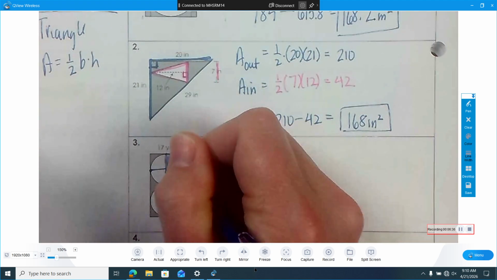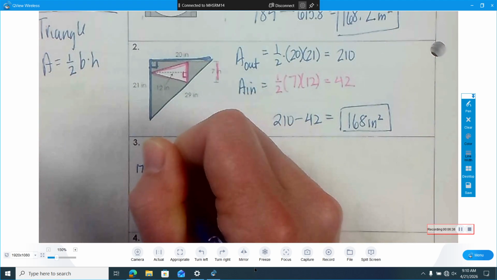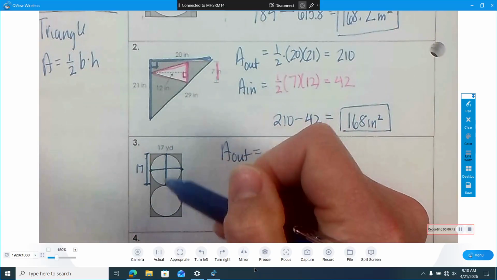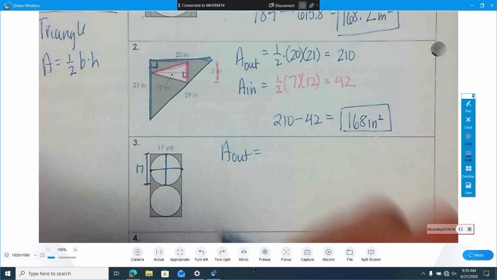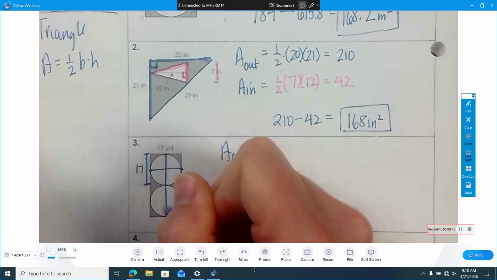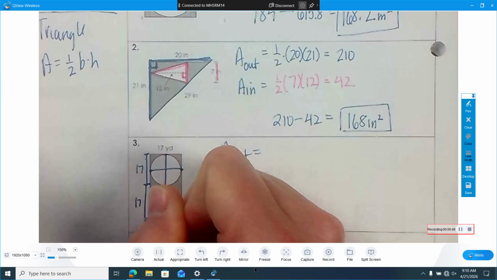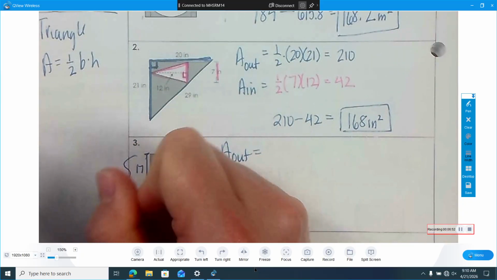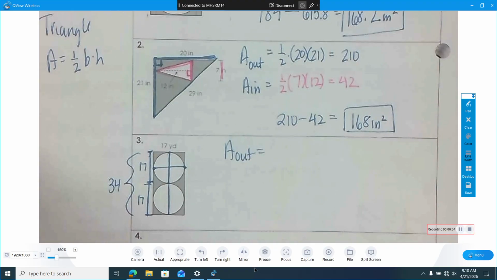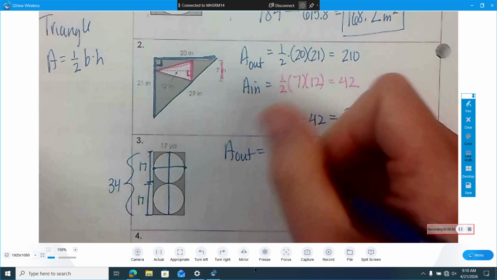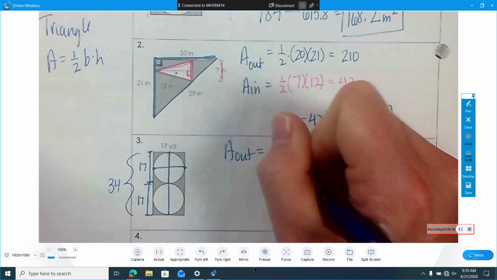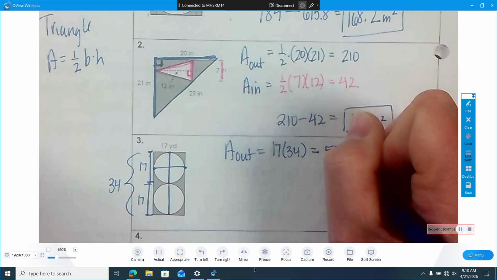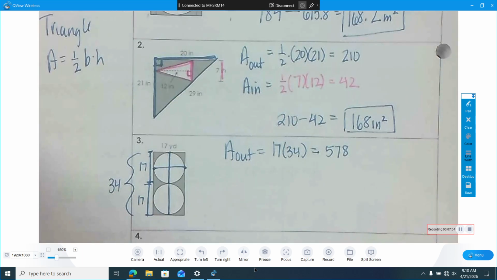So we have yet another 17 from here to here. Because that's in a circle, that diameter is the same. And then they're stacked on top of one another, so that would be another 17. So we get a total of 34 for the height of that rectangle. So base times height, 17 times 34, 578.